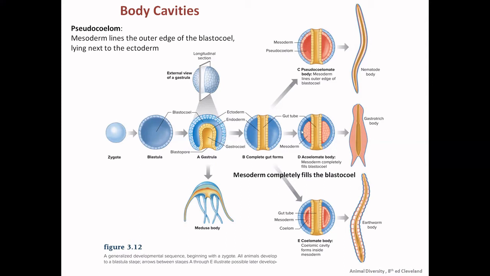Next, when the mesoderm lies adjacent to the endoderm or the gut wall, it is the acoelomate. It is not a true coelom.